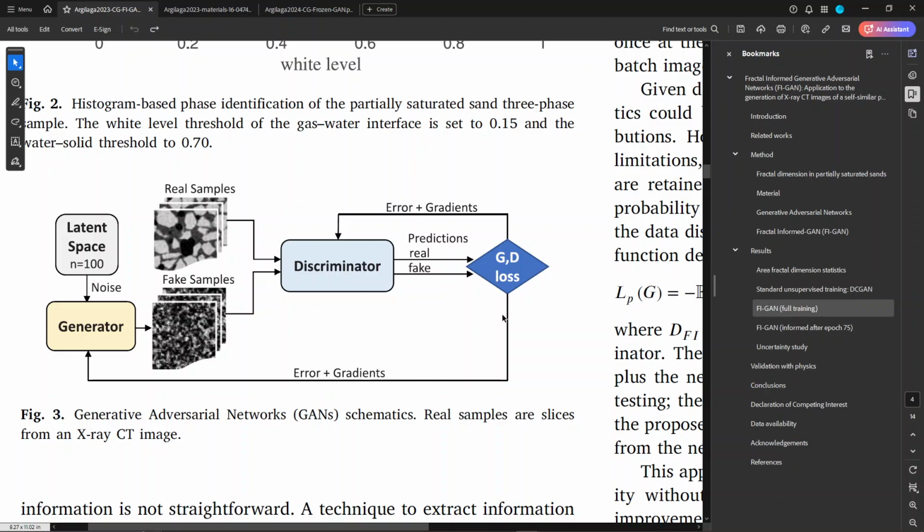So this continues in an adversarial game. The weights and biases of the generator and discriminator, which are neural networks, are updated according to these penalties. And theoretically this converges to a nice equilibrium. And at this point we have a generator that is very good, hopefully, to generate images that have the same features as the real images.